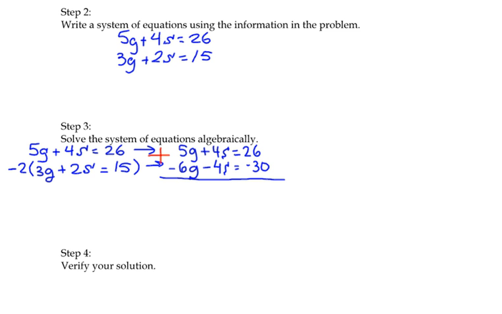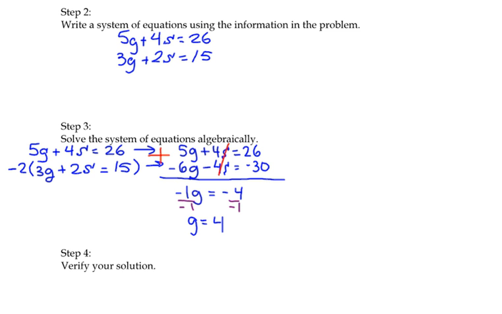Yay. 5 plus negative 6, negative 1G equals, and what happens with our S's? Cancel out. 26 minus 30, or plus negative 30, negative 4. We want a positive G, so we are going to divide by negative 1. G is 4.